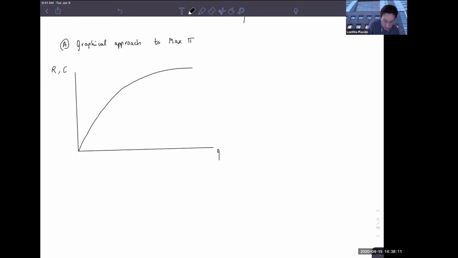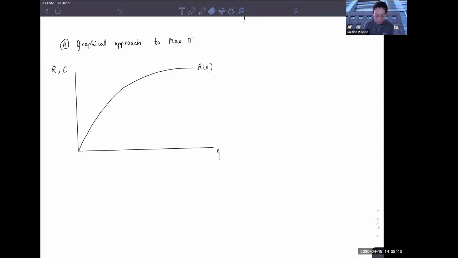Here, let's call it R of Q. I drew a concave function of Q, so when you increase your output level, your revenue increases, but at a decreasing rate. Another option would be to draw a straight line. Those are two options for total revenue. I'm going to get back to when we have a concave function and when we have a straight line a little bit later.